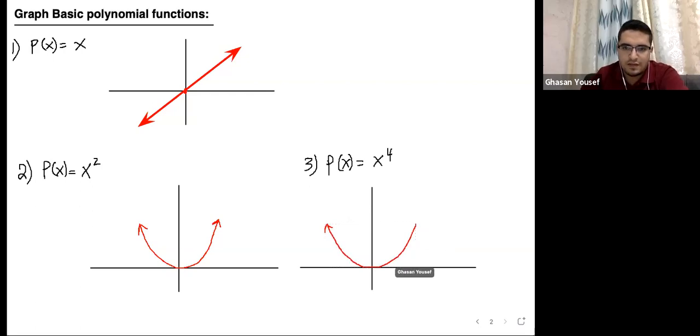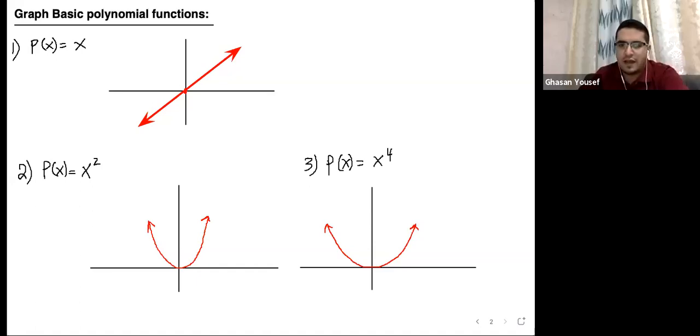As you see here, it's more open than this. This is the graph of x squared. But the graph of the function x to the power 4 will be more open, like this.